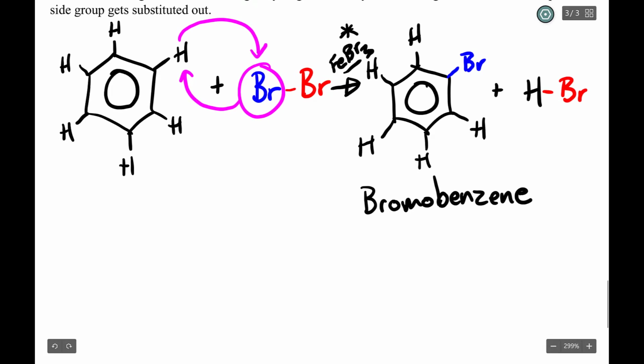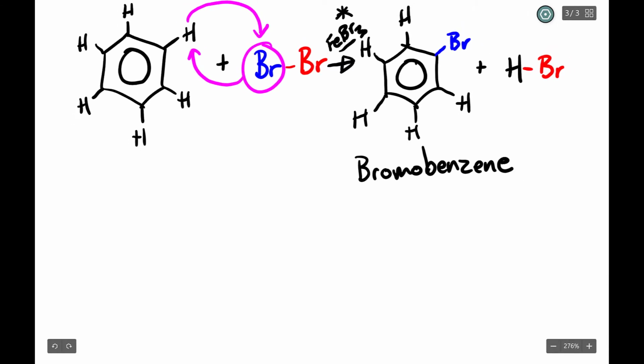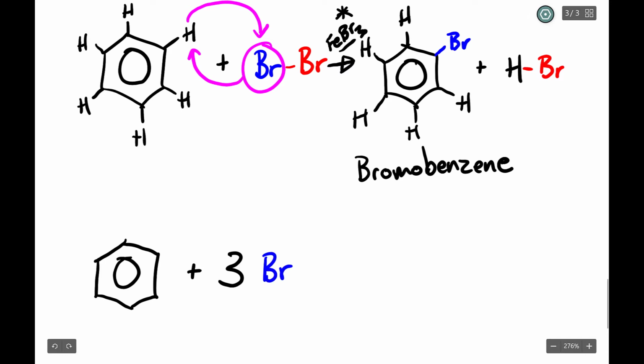If I wanted to substitute in 3 bromines rather than just 1, I would have to increase the amount of bromine in the reaction. I'm going to do this in less detail, but let's say I wanted a tribromobenzene with 3 bromines in it. I would have to have 3 Br2 in order to do that, in a 1:3 ratio. I'll stick with my color coordination of Br in red and blue.